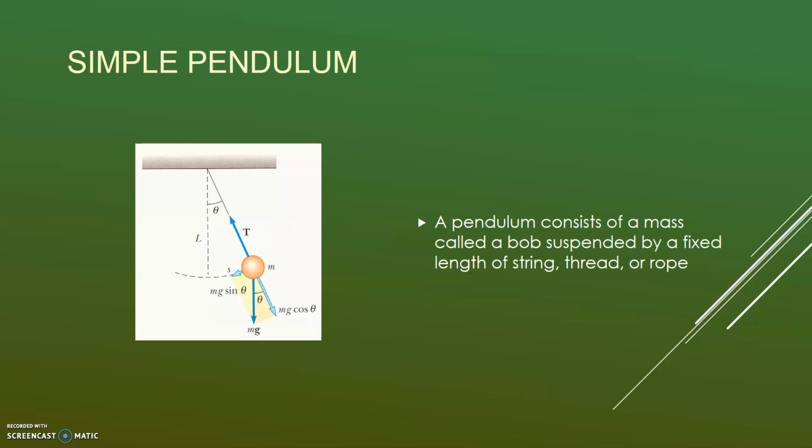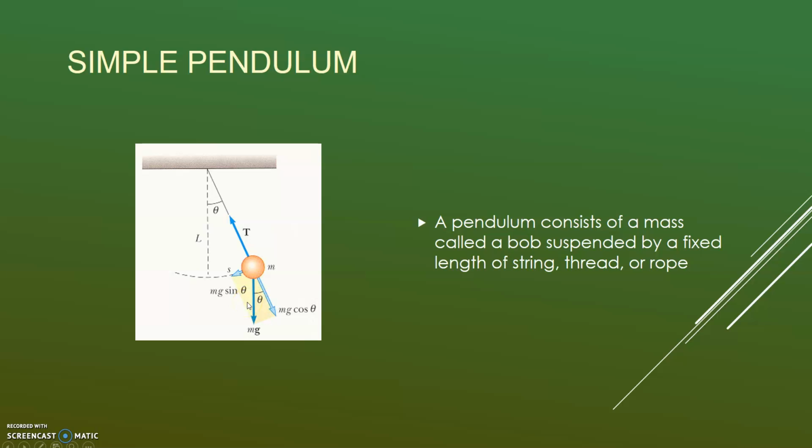Alright, so pendulums, as we said, are simple harmonic motions. The anatomy of a pendulum: we have a string attached to a weight. That weight we refer to as a bob, short for Robert. This bob, or plumb bob, is pulled out by an angle and let loose to go back and forth, back and forth.